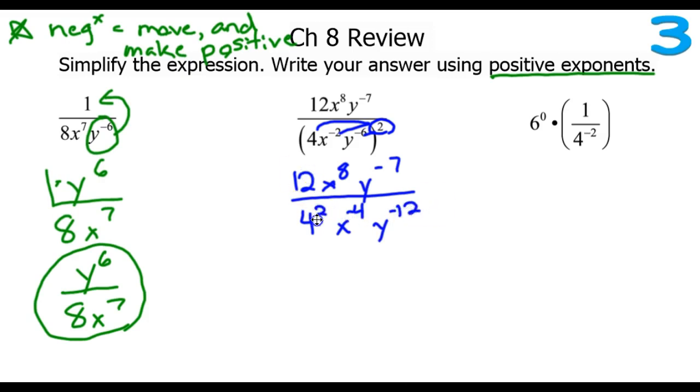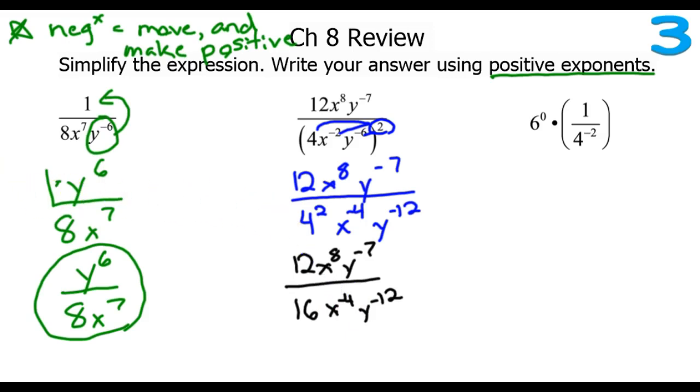So what I see here first is that I have 4 squared. Now I can make that into a number pretty easily. So it would look like 12x to the 8th, y to the negative 7th, over 4 squared is 16, x to the negative 4th, y to the negative 12th.